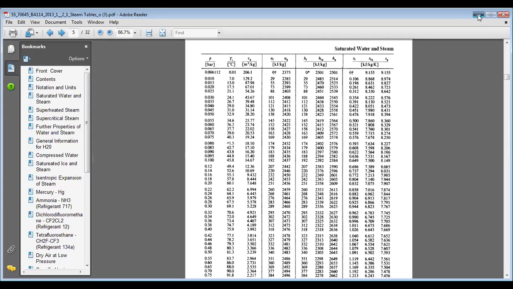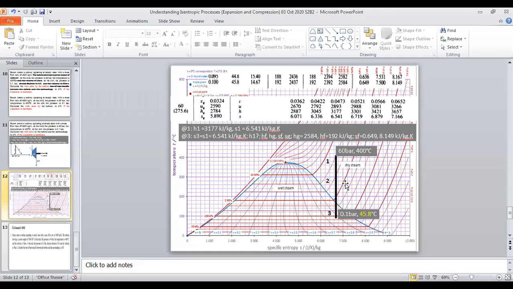Okay, very sorry. And then we can fill in 45.8, the new values. Now, based on this, you have to calculate.